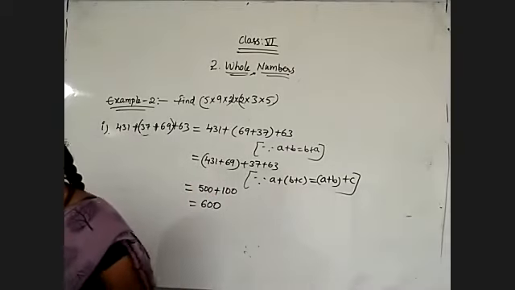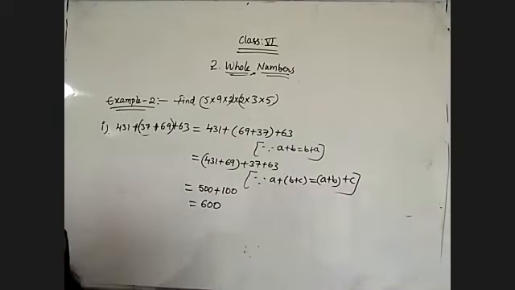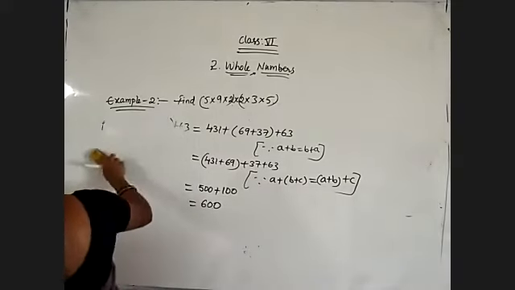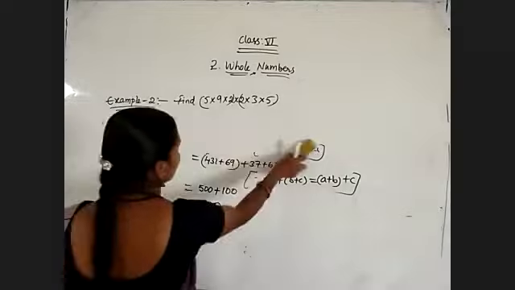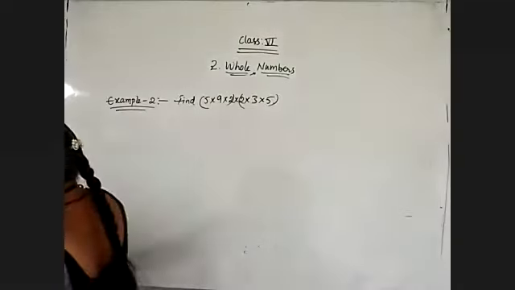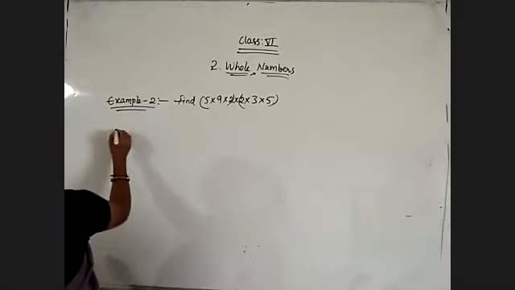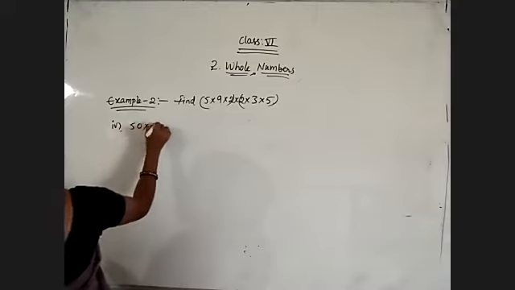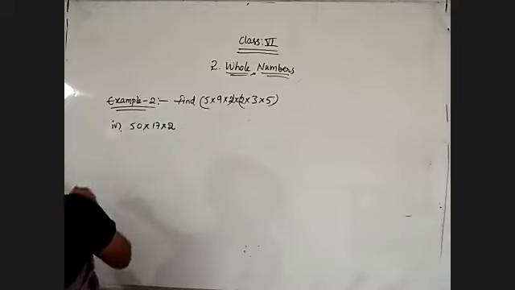Now coming to multiplication. 50 into 17 into 2 (sic). Three numbers and multiplication here.